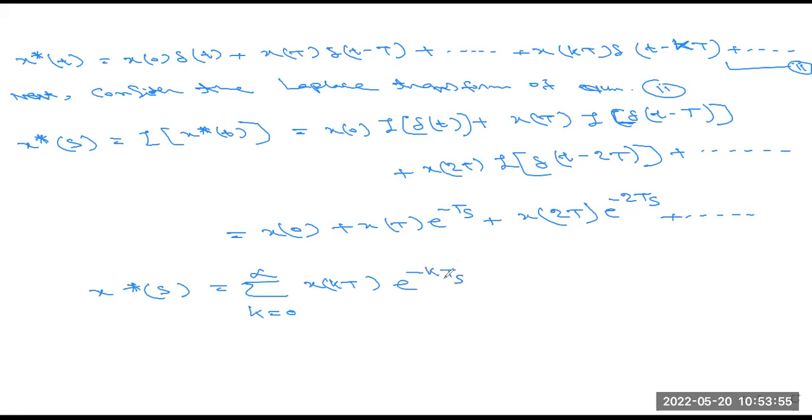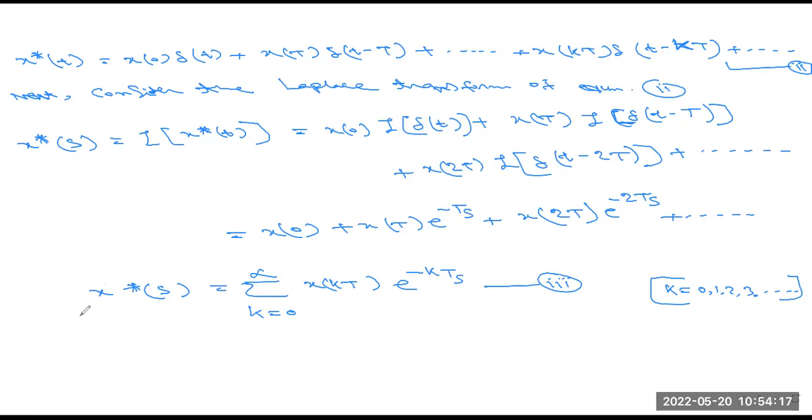You know that this k changes; k takes the values 0, 1, 2, 3 dot dot dot, because these are the different sampling periods. Okay, so this is equation number 3.